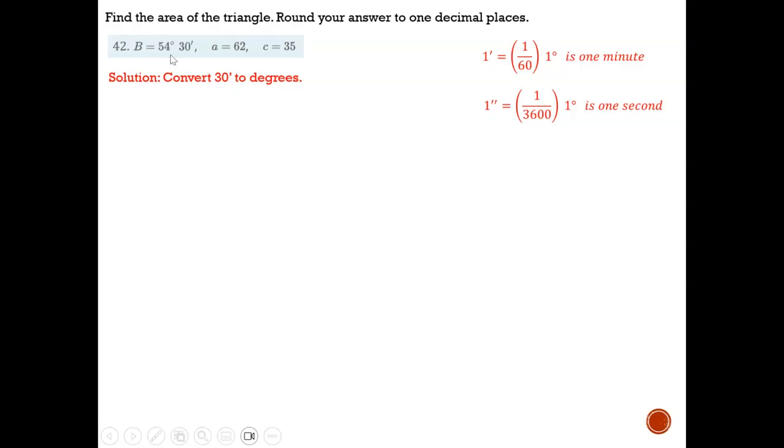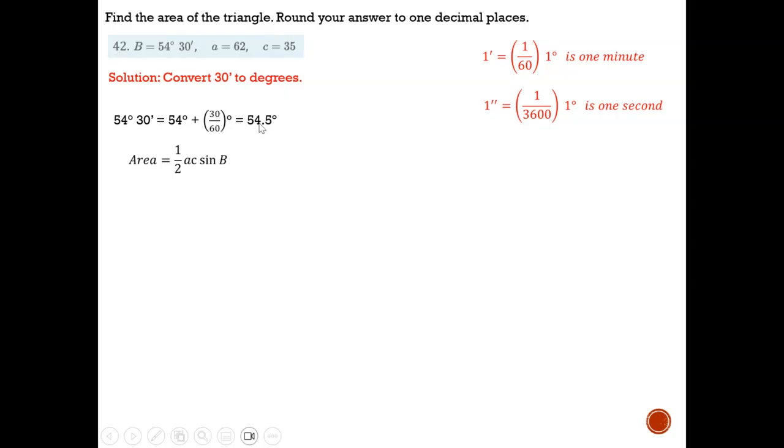So first I need to convert the 30 minutes into degrees. 54 degrees and 30 minutes is equal to 54 degrees plus 30 over 60, which is 0.5. So 54 degrees and 30 minutes is equal to 54.5 degrees.